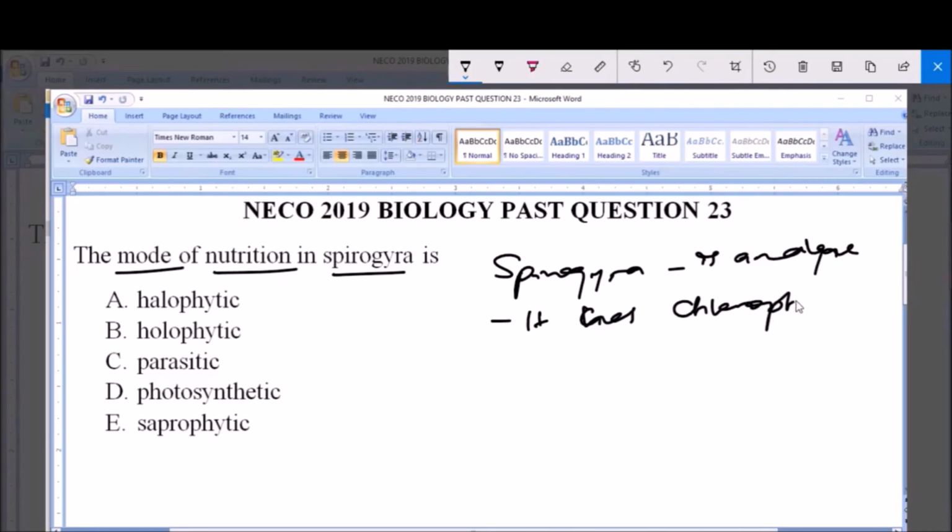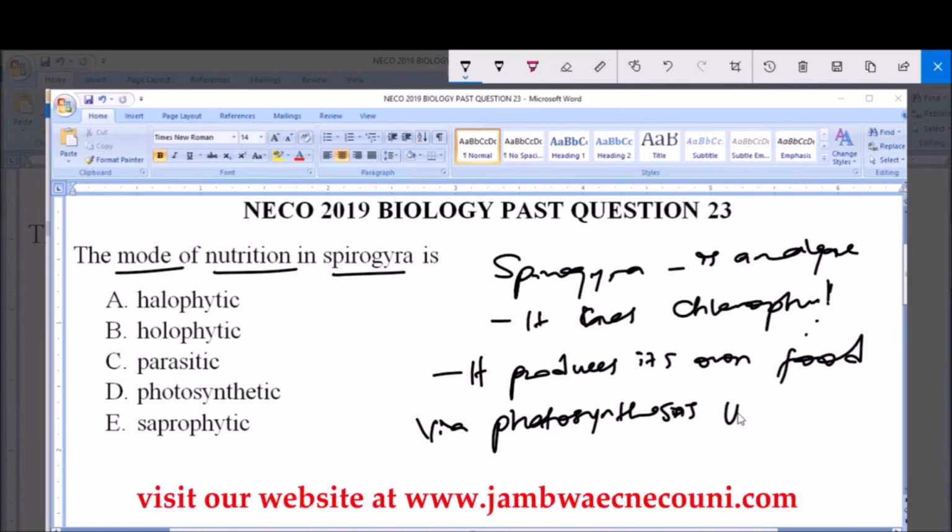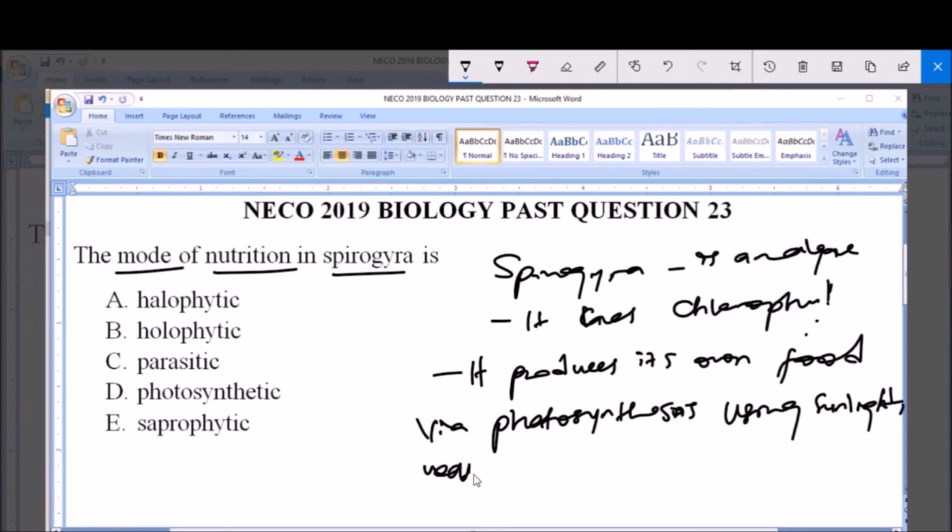Now Spirogyra produces its own food via the process known as photosynthesis, using sunlight, water, and chlorophyll.